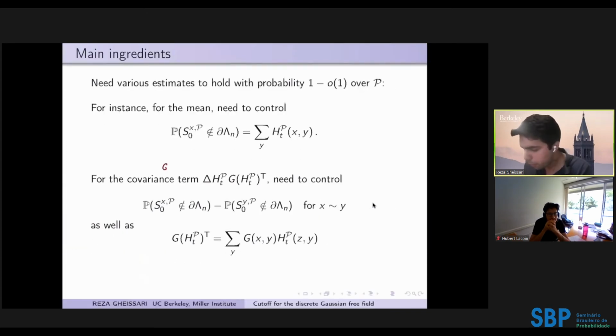So if you recall that G inverse, the inverse of the Green's function, is just the Laplacian, then one sees that for the covariance term, you need to understand two types of quantities. One is Laplacian H, which is differences of the form of like the probability of surviving from X minus the probability of surviving from its neighbor, okay? So how different is the probability of surviving or not hitting the boundary for two neighboring sites?